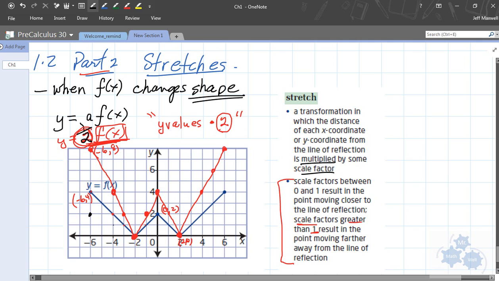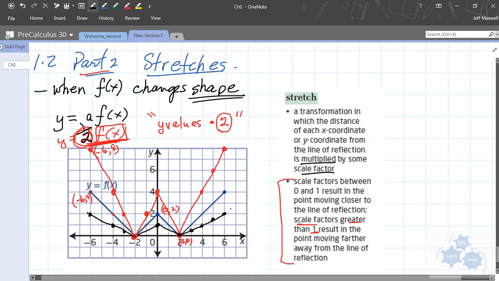This one, 1/2 of its value. This one, 1/2 of its value. This one stays at 0, because 1/2 of 0 is 0. See that? And so what we have is this graph that is now compressed vertically.